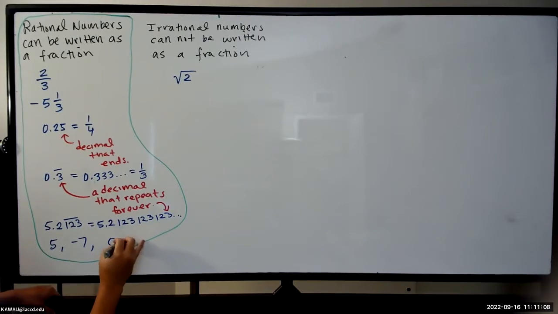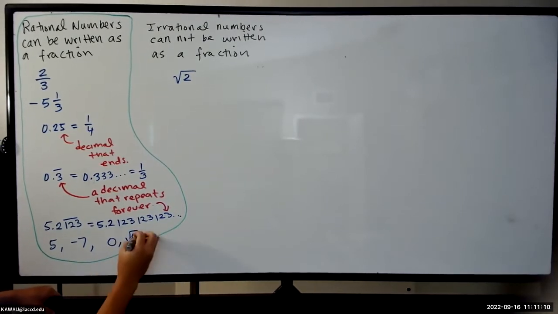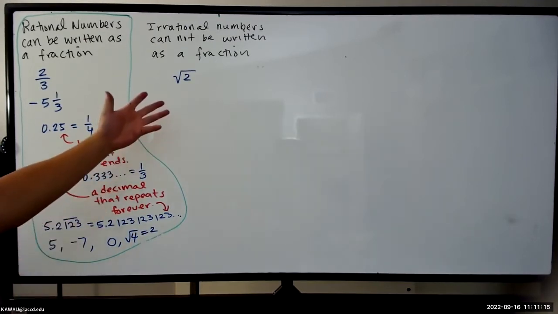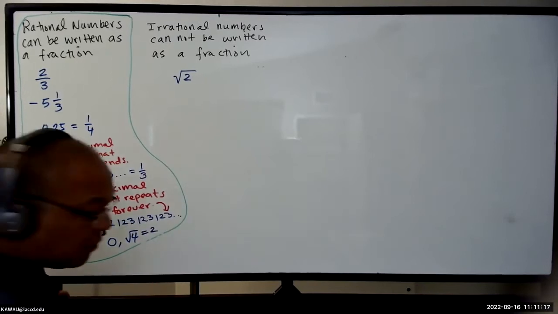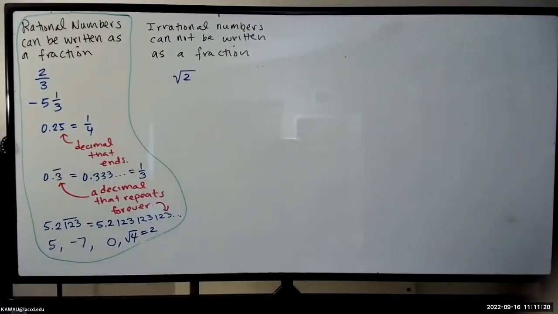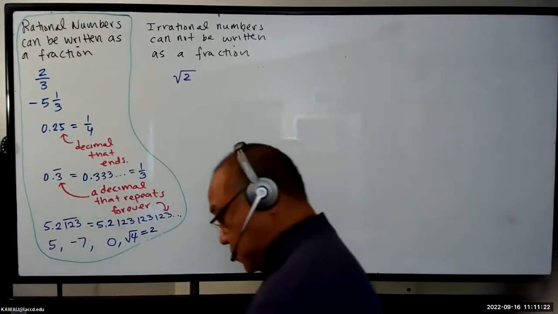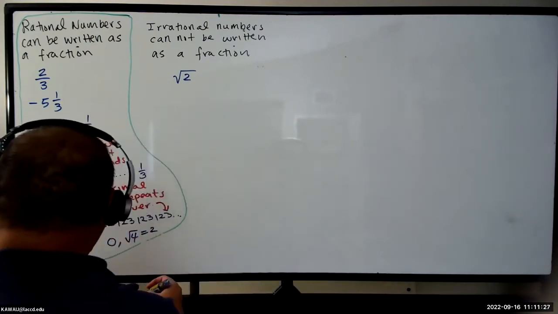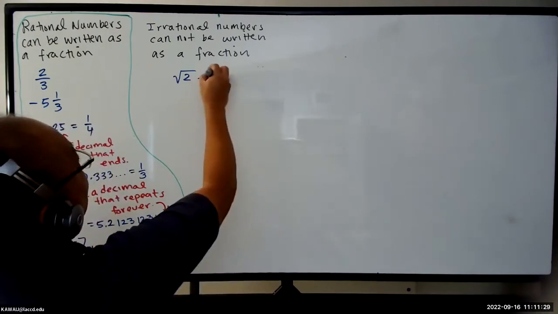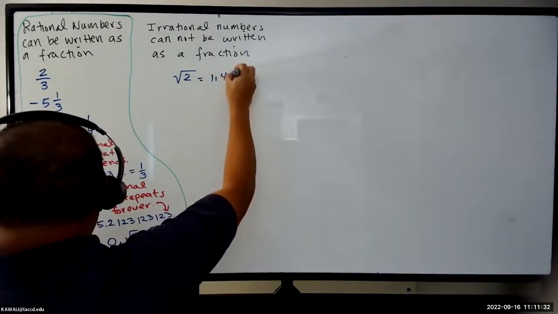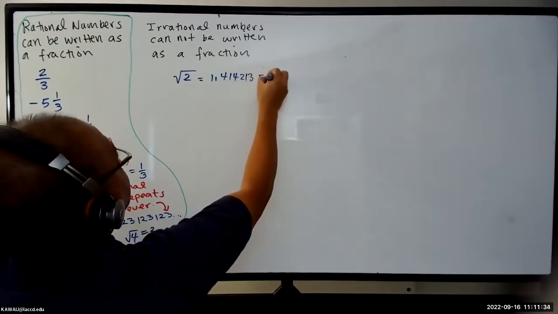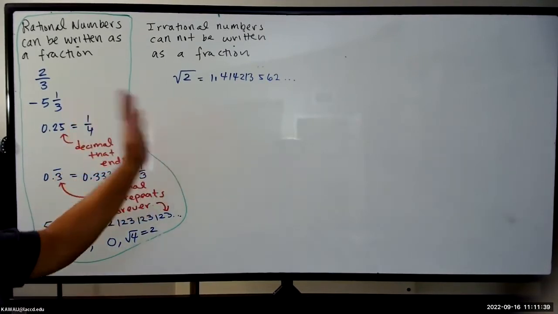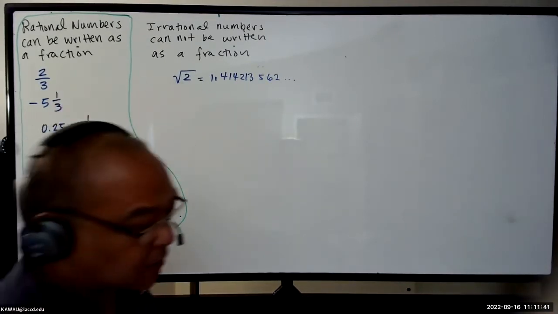So a square root of 4 would be over here because square root of 4 is equal to 2, and 2 can be written as a fraction. But square root of 2 is equal to 1.414213562 dot dot dot. So it's a decimal that goes on forever but never repeats.